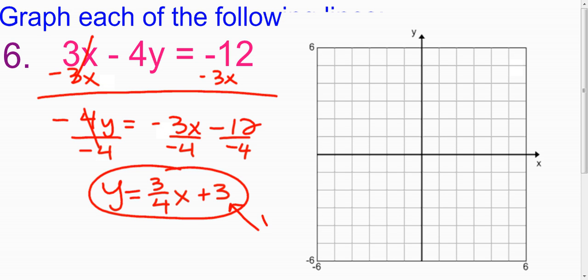Here is your y-intercept, and here is your slope. Okay, so my y-intercept is at 3, and my slope is 3/4, which means I go up 3 and right 4, or down 3 and left 4. And your line should look something like that.